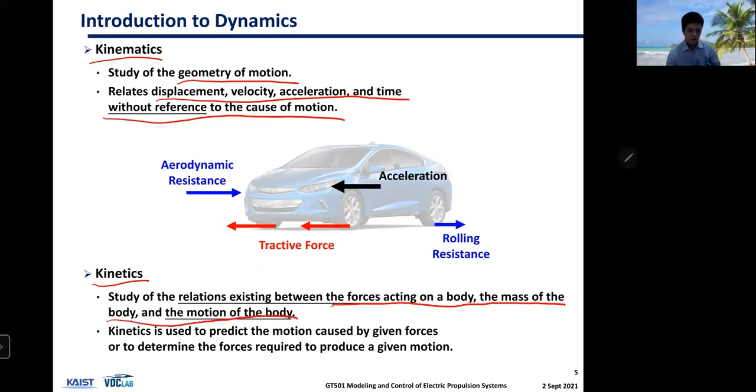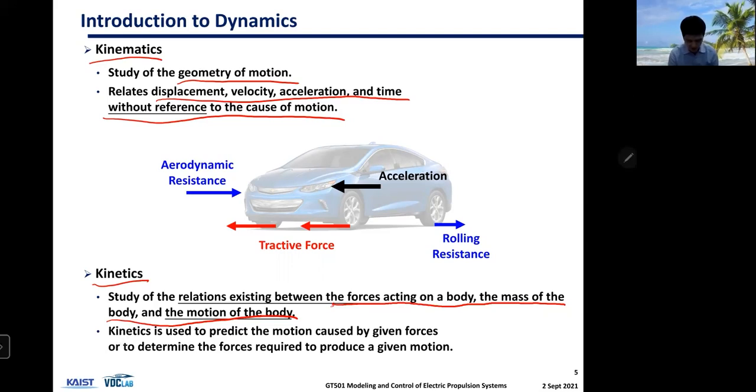So kinetics describes the consequences of applied forces on a body, whereas kinematics is a simple geometrical relationship. You can think of it as a constraint.